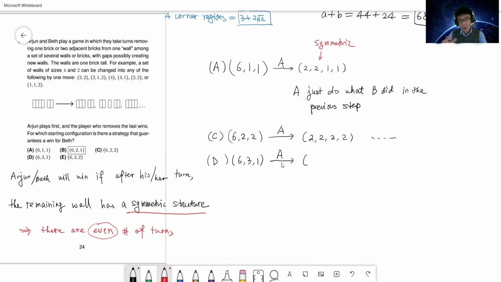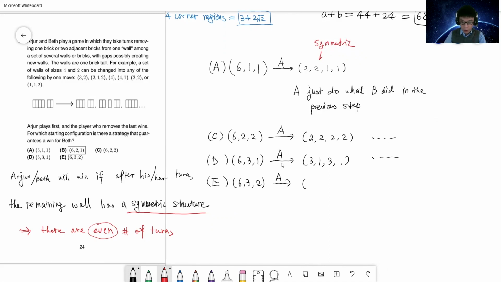Arjun can make this symmetric. He just removes 2 bricks from 6 to make it 3, 1, 3, 1. So this is symmetric. And Arjun just does what Beth did in the previous step. And E, same for E. This is 6, 3, 2. So we just make a pair of 3, 2.